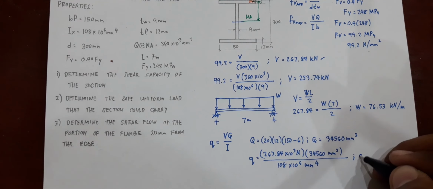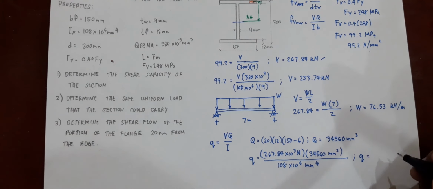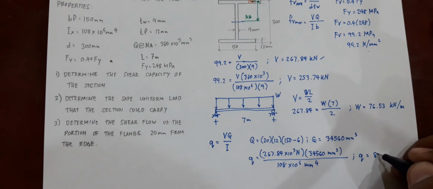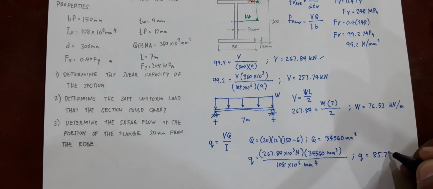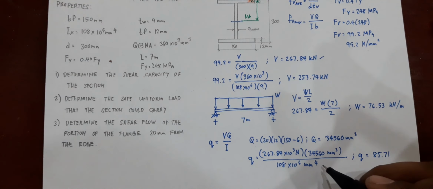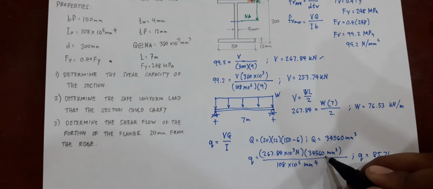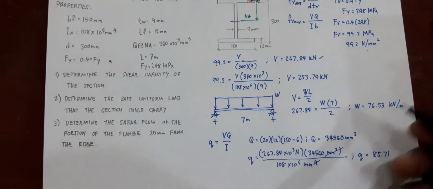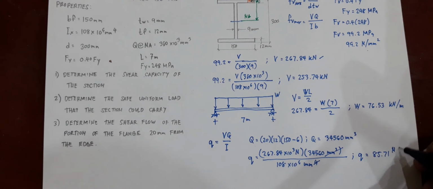So you would have a value for your shear flow for that particular portion to be 85.71. Check your units. You can cancel out 3 mm there and 3 mm there. You are left with newton per mm.